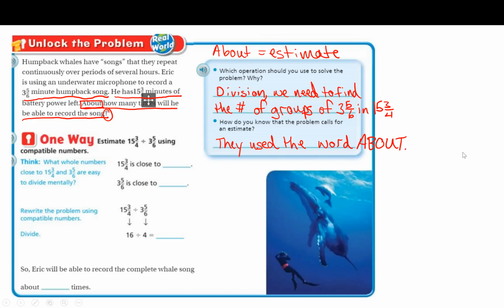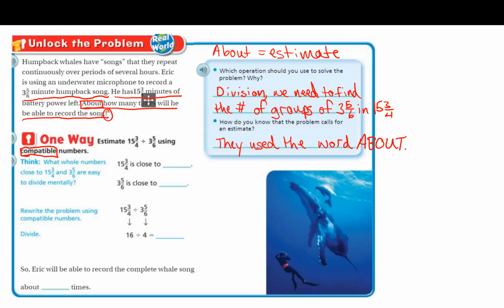Okay, so let's go ahead and get into it. Estimate using compatible numbers. Okay, this is another key word here. Compatible just means numbers that are easy to divide by. Okay, now they still need to be close to the exact number, but this isn't rounding.